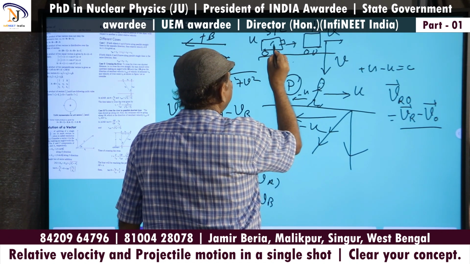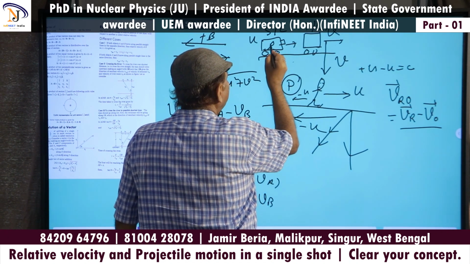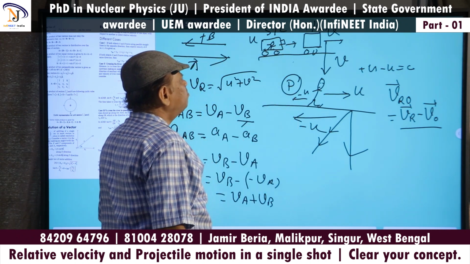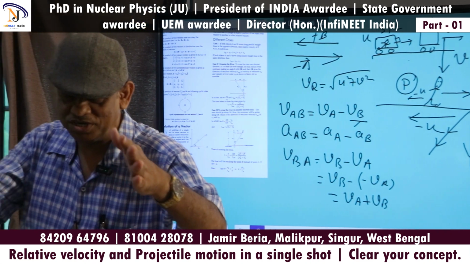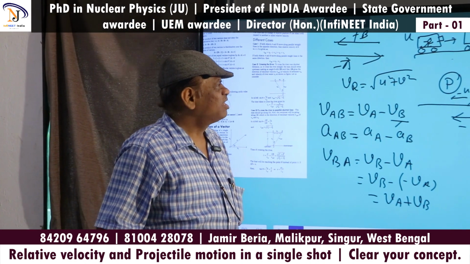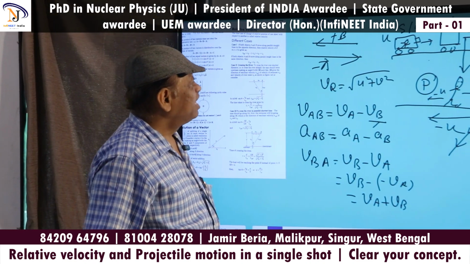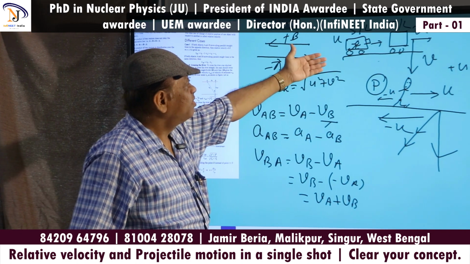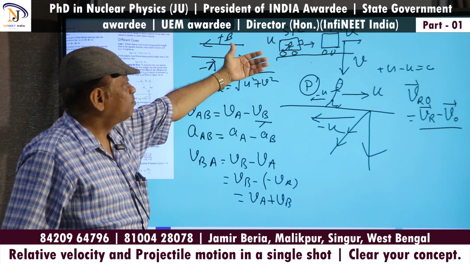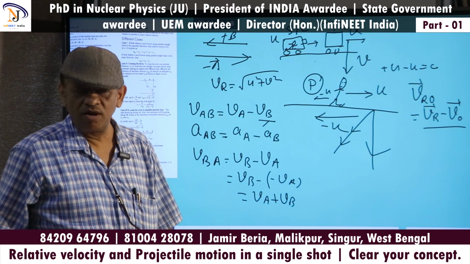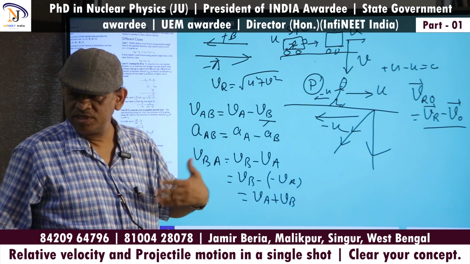The observer is observing from which train? From Singur local. Both of them are moving in the same direction. What will be the velocity an observer will observe, staying on Singur local?